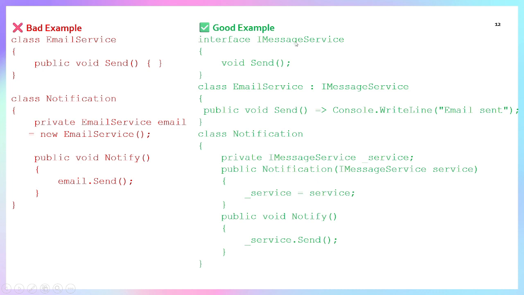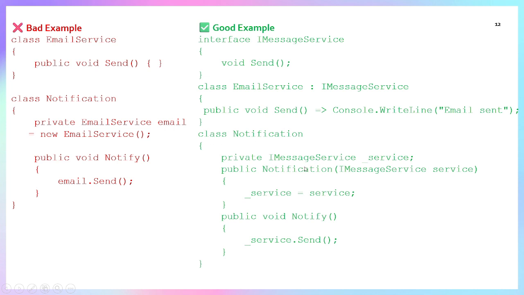So here you can see IMessageService, public class email service. We are inheriting the service, public void send console dot email, right? So this is the method which we are inheriting from here. Same if we want, that abstract class we inherited here. There's no need to use that here as well, right?